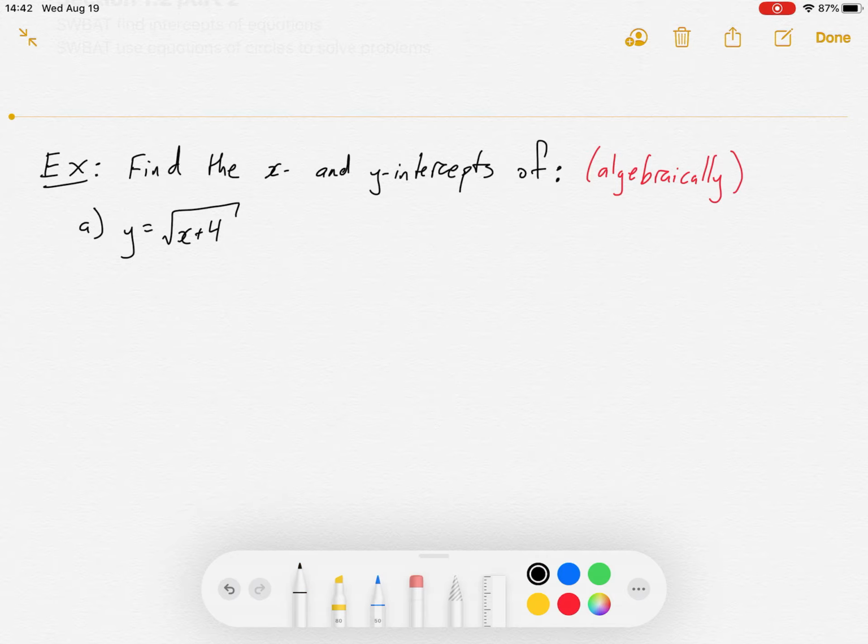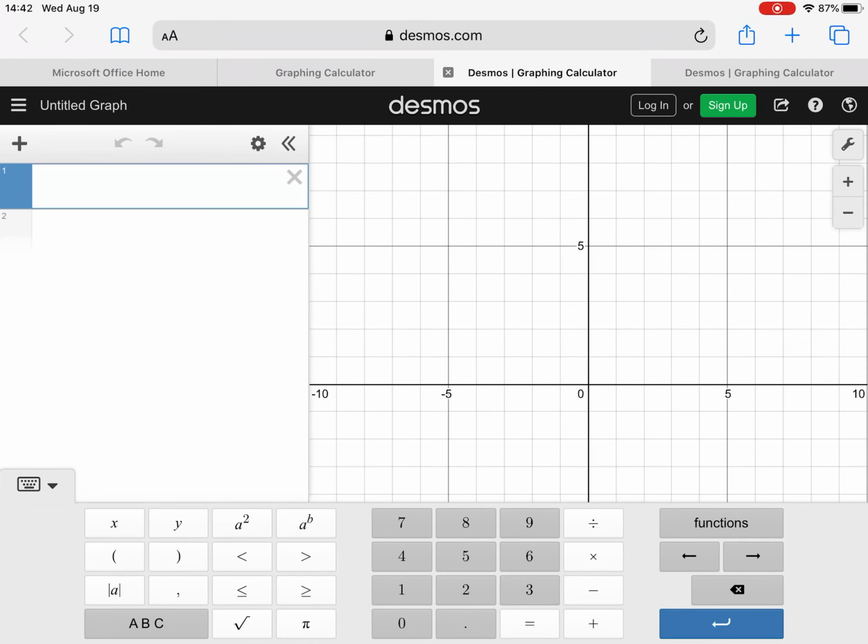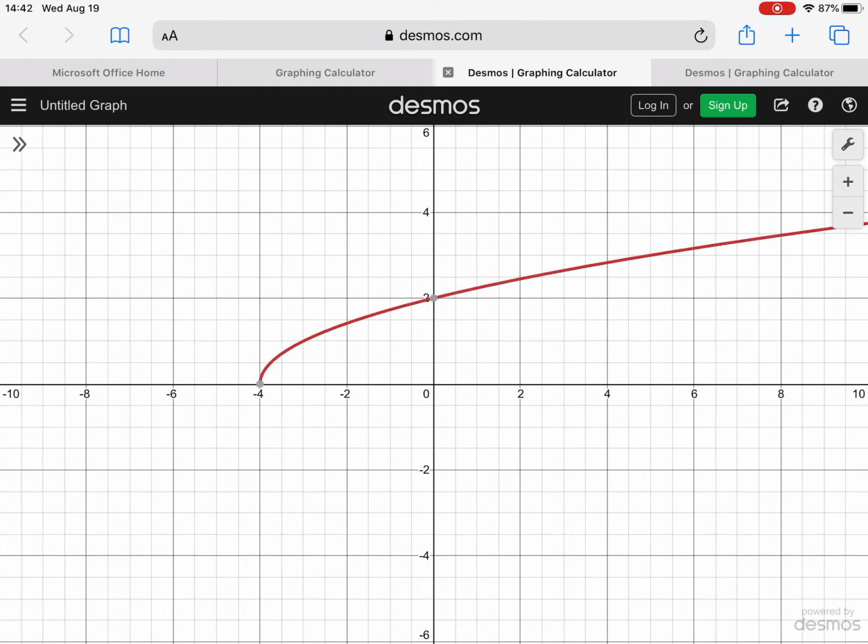So let's go ahead and graph this first of all, just to give us a visual. I'm going to graph y equals the square root of x plus 4. And you'll notice in Desmos, it does a really good job if you click on the actual line. So I'm using my finger to click on that red curve. If I want the x-intercept, I'm going to click over here.